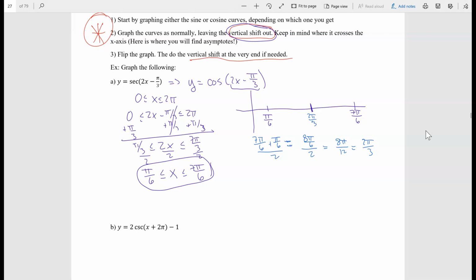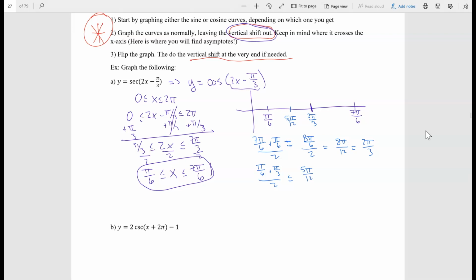Then I'm going to add pi over 6 plus 2 pi over 3 and divide by 2. I'm going to use my calculator. I have pi over 6 plus 2 pi over 3, and then I divide this by 2. I'm going to get 5 pi over 12. So this one is going to be 5 pi over 12.